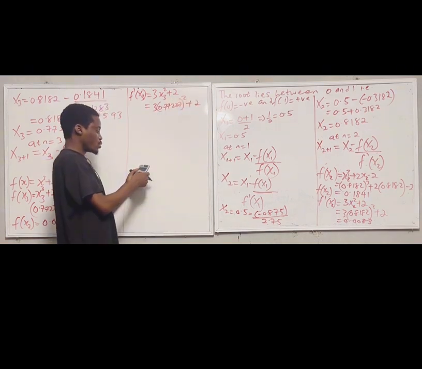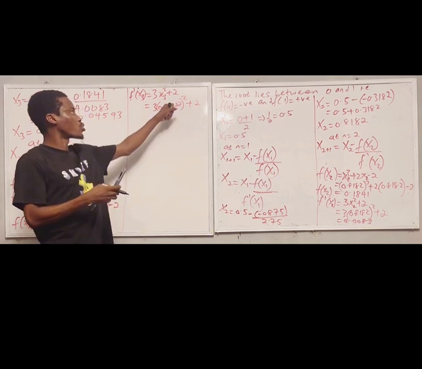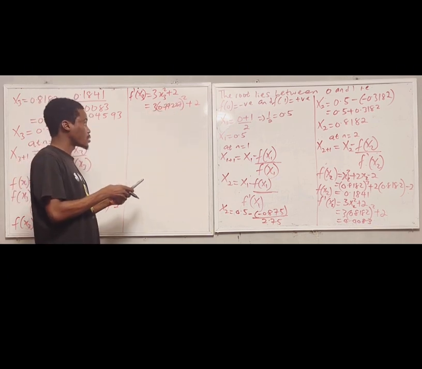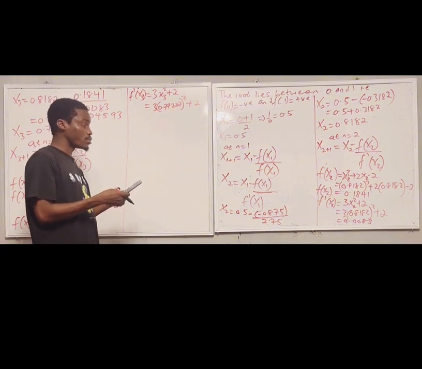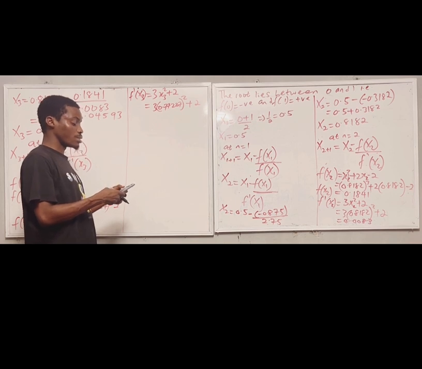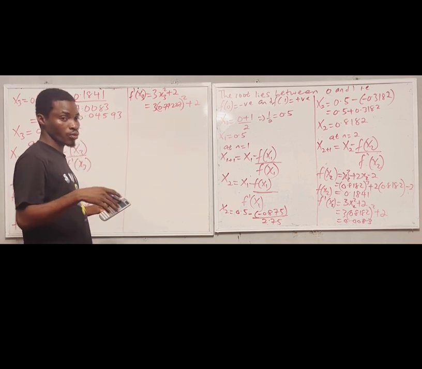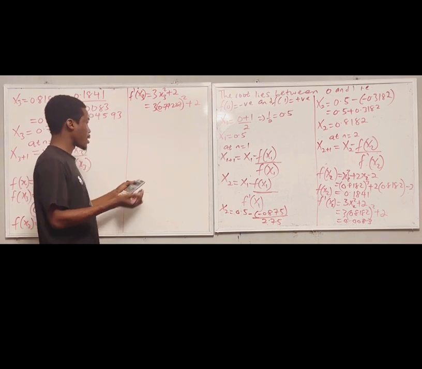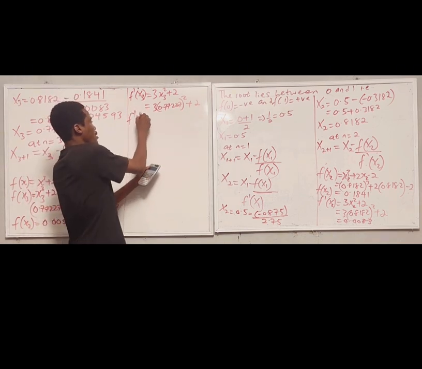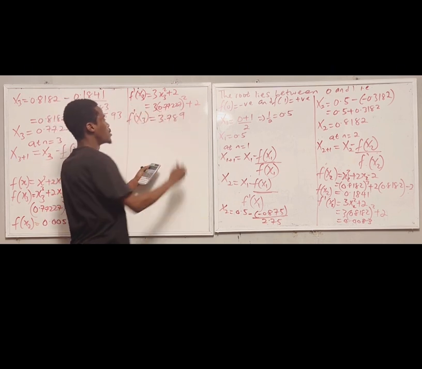So let us solve this. For me to solve this, I have to open the bracket. 0.77227 squared, I have this, then multiply by 3, then plus the rest. So the number is 3.7892029. Just take it to 4 significant figures. So my f prime of S3 is 3.789.